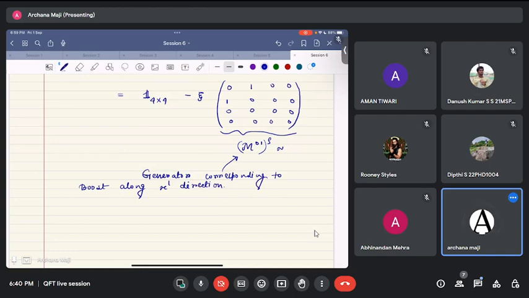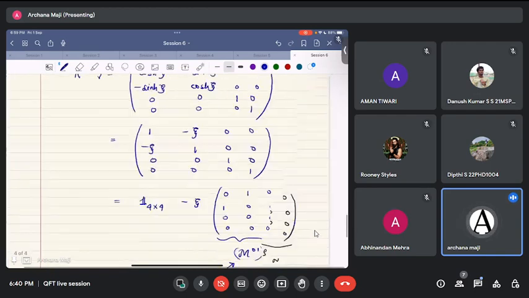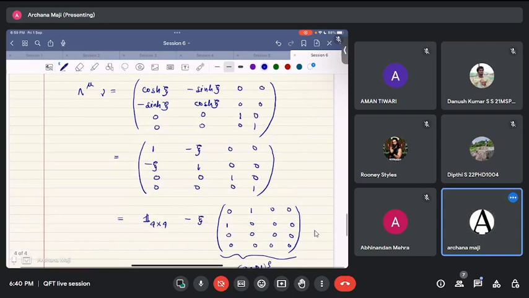This is infinitesimal, so that's why we expanded it up to first order in xi.